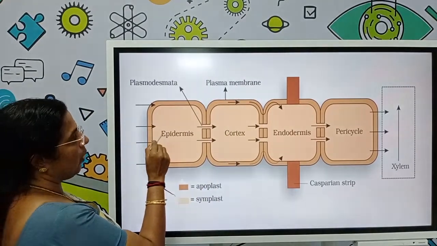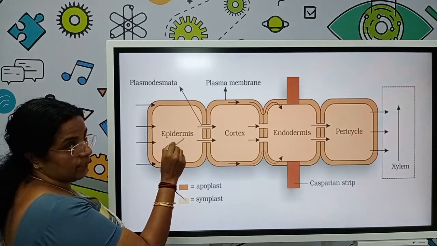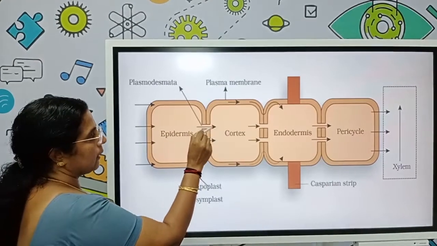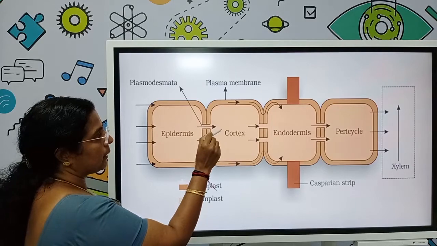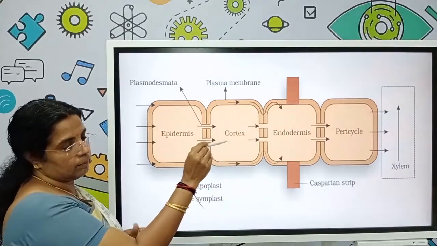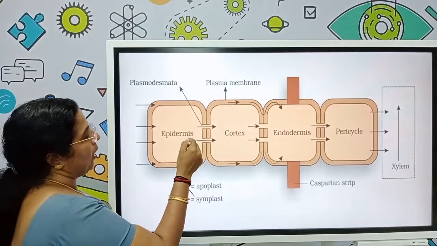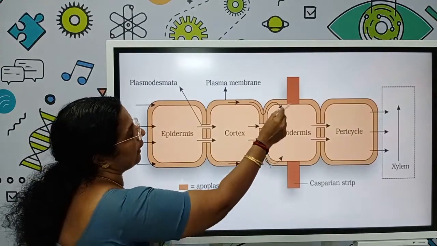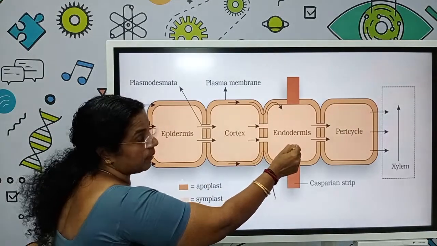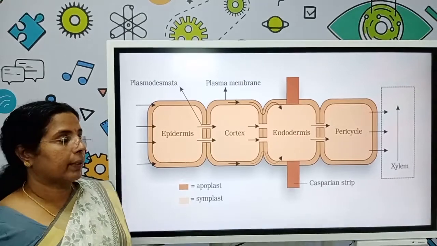In the symplast pathway, the water moves through the cytoplasm. Here the connections are called plasmodesmata, and it crosses the plasma membrane. In the endodermis also, the symplast pathway helps in the transport of water.